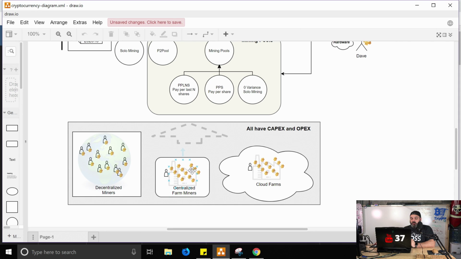So you could consider the BBT crew as having a partial centralized amount of farming power, but in the grand scheme of things, compared to most larger operations, 2,500 GPUs as part of our BBT crew is small by comparison, but it's definitely questionable with the size compared to a decentralized individual miner. It's more of a centralized source of hash power that could then get pointed to different pools.